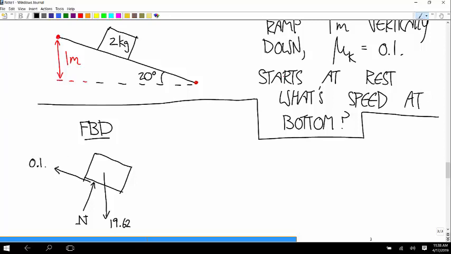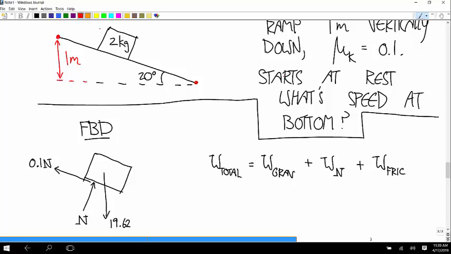And that's going to be the coefficient times the normal. Work is going to be the work due to the weight plus the work due to the normal force plus the work due to the friction force.